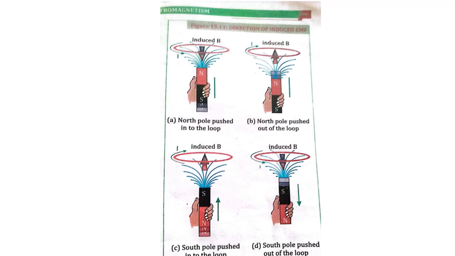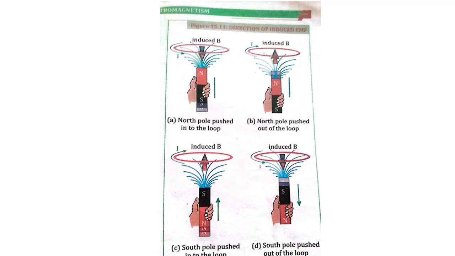This will also produce an induced current and result in induced EMF. Similarly, in figure D, the south pole is pushed out of the loop as well. These are the effects observed with the south pole of the magnet pushed in and out of the loop. It is seen that the induced current sets up an induced magnetic field of its own. From all these figures, it is clear that the motion of the magnet is always opposed by the magnetic field generated from the induced current.